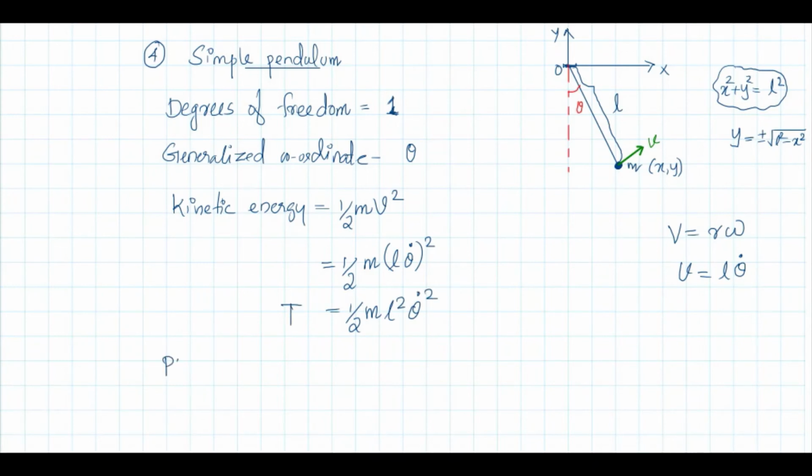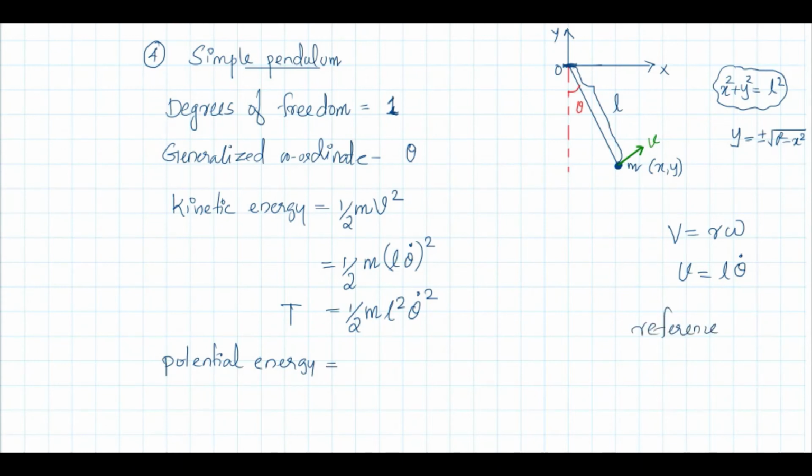What is potential energy? This will of course be gravitational potential energy because there is a variation of height, and you can fix the reference point anywhere. Suppose I am taking the origin, y equal to 0, as the reference for potential.